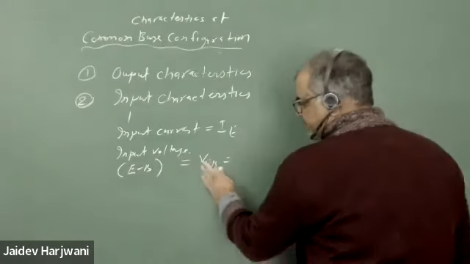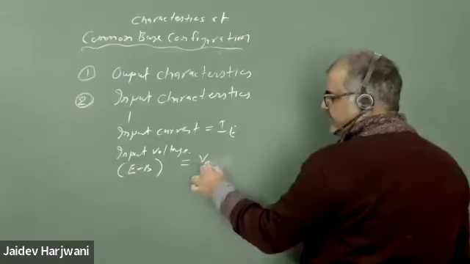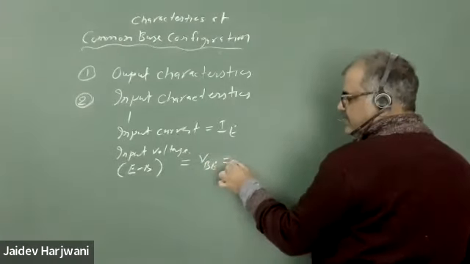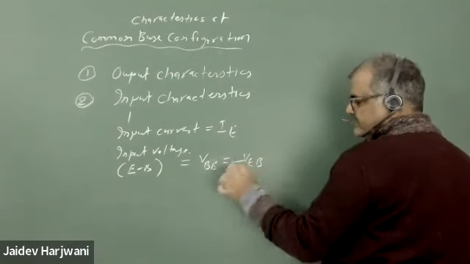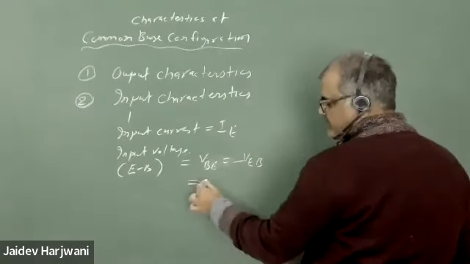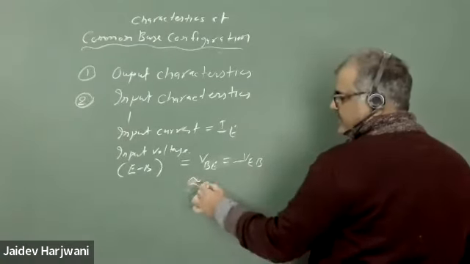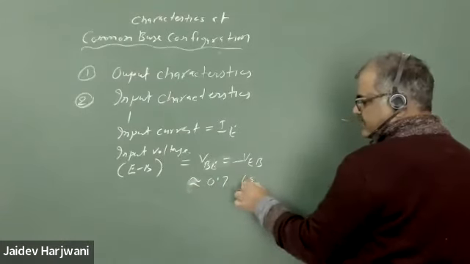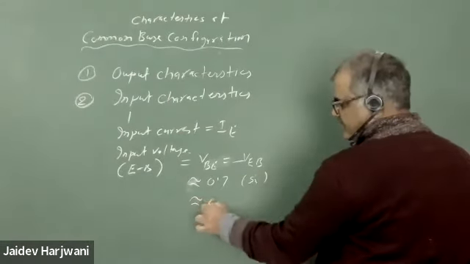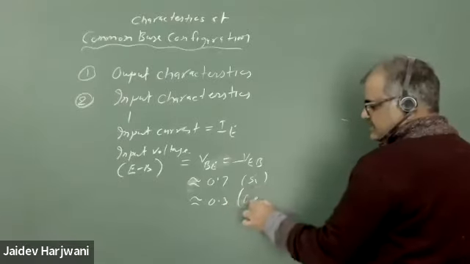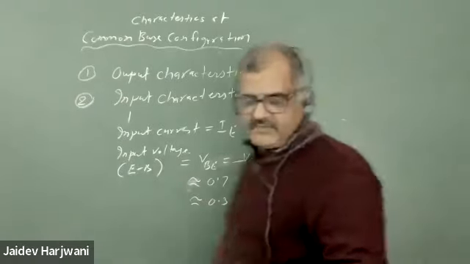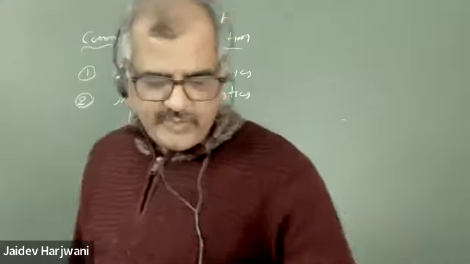VEB and VBE are both the same; generally, instead of writing VEB, we write VBE. Its value is almost like the cutoff voltage: 0.7 for a silicon transistor and 0.3 for a germanium transistor. Not exactly, but we take it as 0.7.